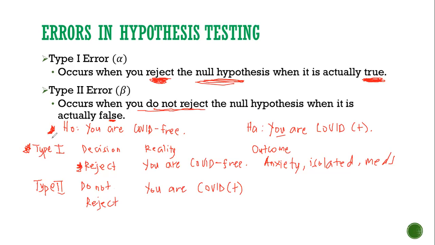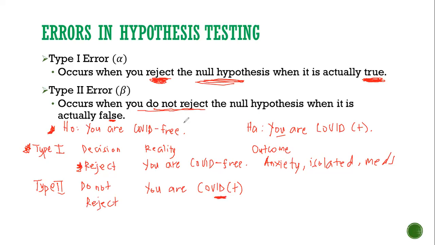Okay? Ano yung do not reject ha? Null, null. Ang isipin ninyo, yung null. Okay? Instead na i-reject mo yan, instead na hindi mo ni-reject yan, ang sinabi mo sa kanya, okay, na you are COVID-free. Pero in reality, COVID positive talaga siya.